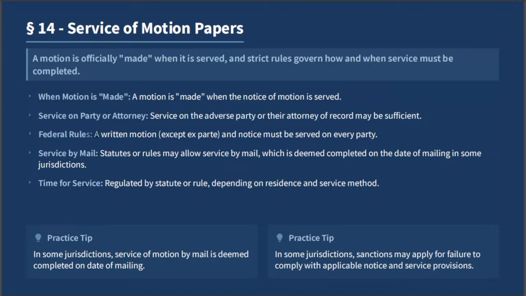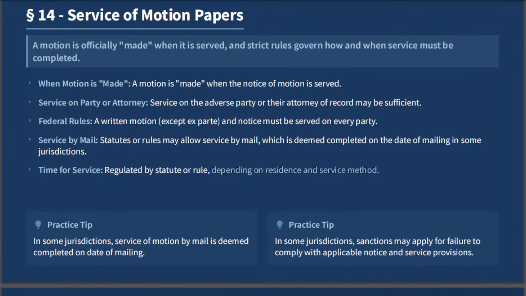Federal rules state that a written motion, except ex parte, and notice must be served on every party and service by mail. Statutes or rules may allow service by mail, which is deemed completed on the date of mailing in some jurisdictions, and the time for service, regulated by statute or rule, depending on residence and service method.